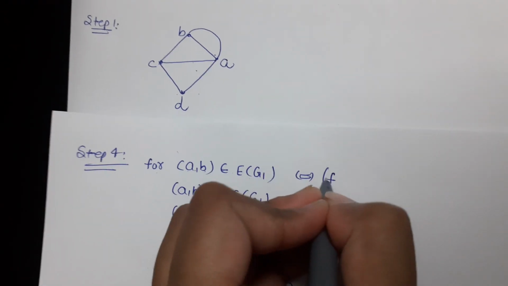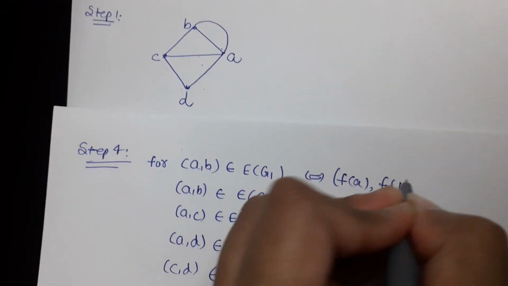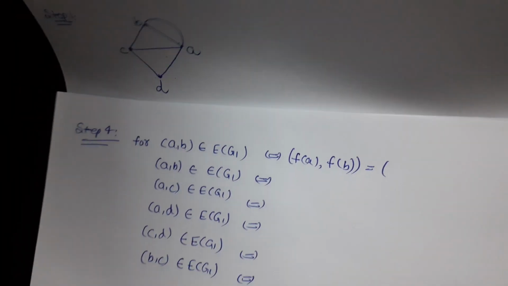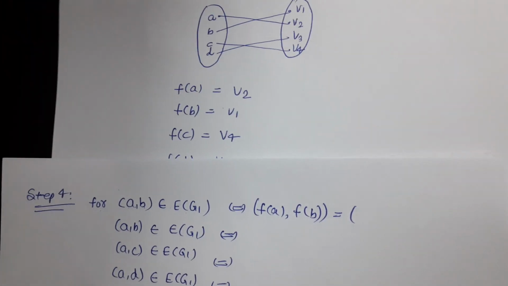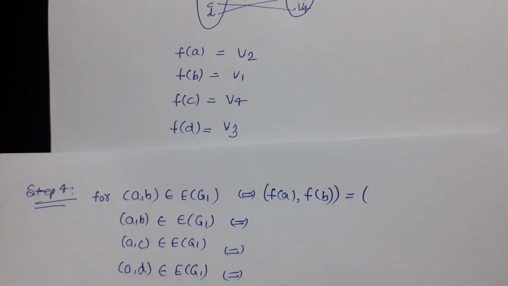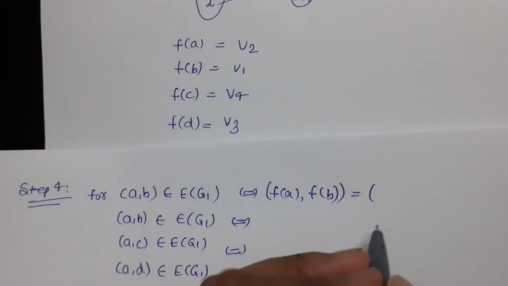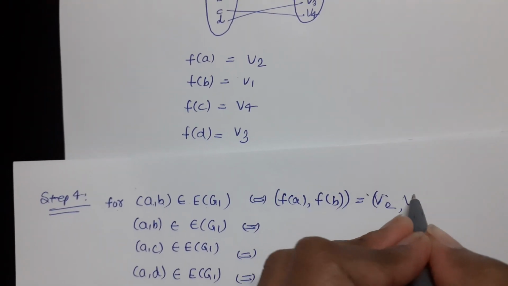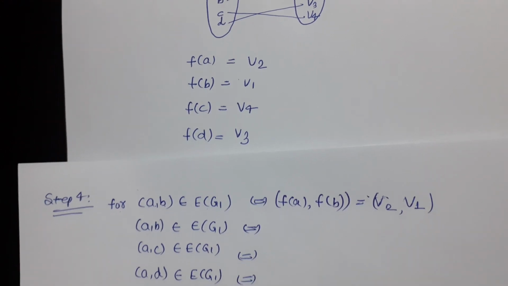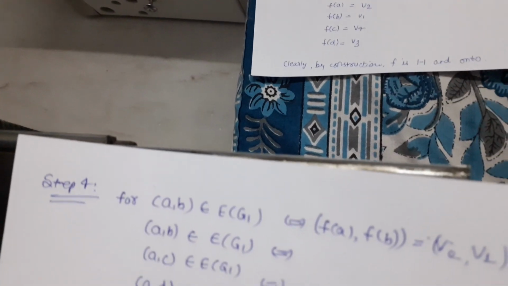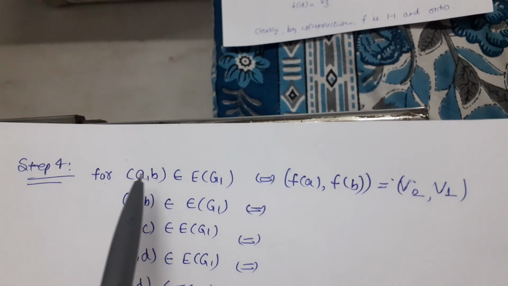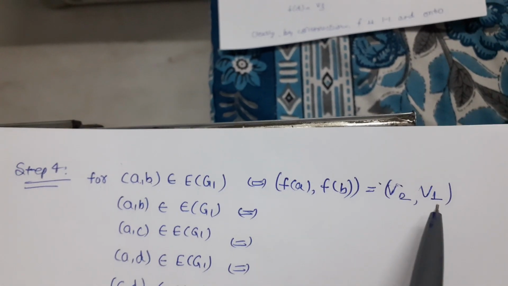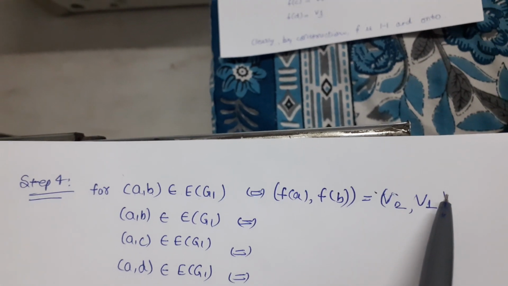Like the image of this is f of A and f of B, where f of A is v2 and f of B is v1. We have to show that for this edge in graph G1, the image of this edge, f(A), f(B), which is v2, v1, is an edge in graph 2.